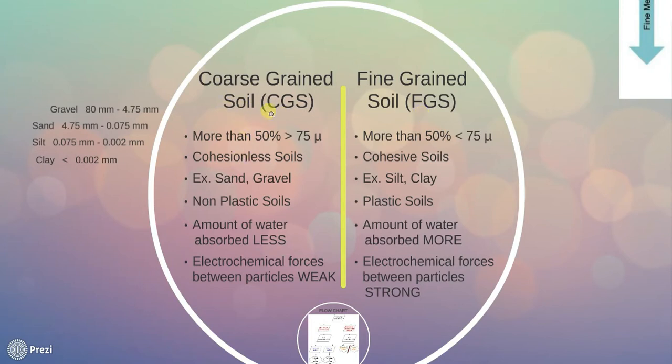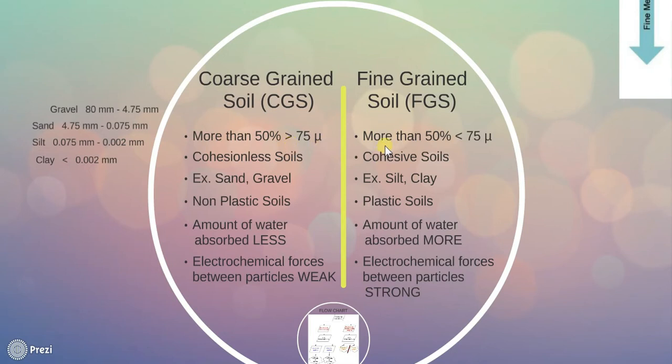In CGS, more than 50% of the total material by weight is larger than 75 micron IS sieve. Particle size is generally expressed in terms of a single diameter. This is taken as the size of the smallest square hole in a sieve through which the particle will pass. So whenever I tell you particle size, you should keep this in your mind.